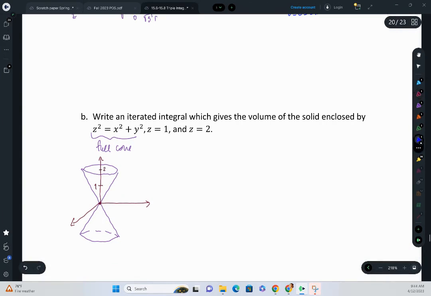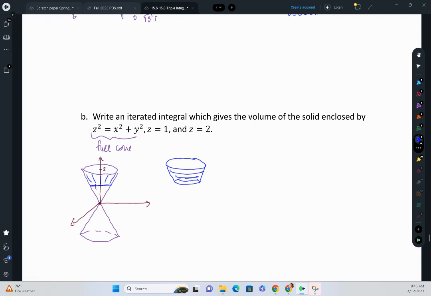So it looks like what I have here for a shape is just this shape right here. You know what this looks like? A dog bowl. That's it. So we want to find the volume of this region right here. And we know this is a standard cone because it's just z squared equals x squared plus y squared.